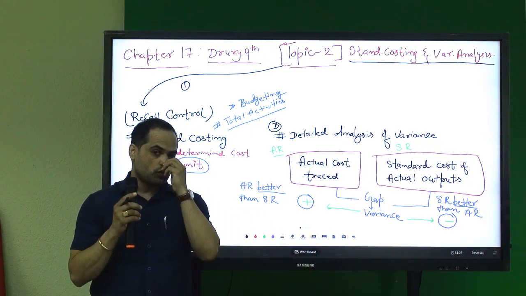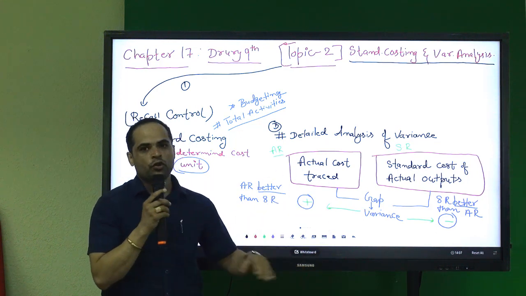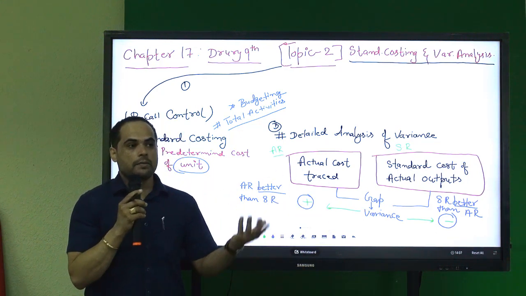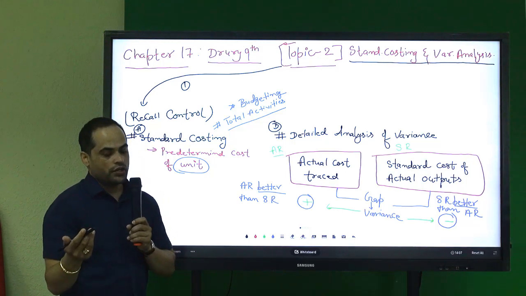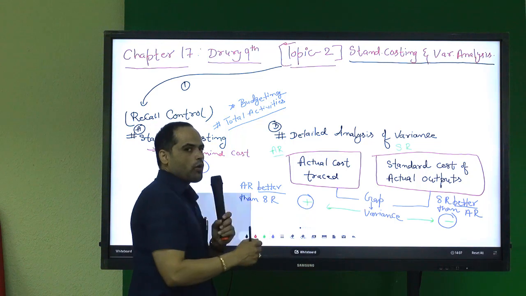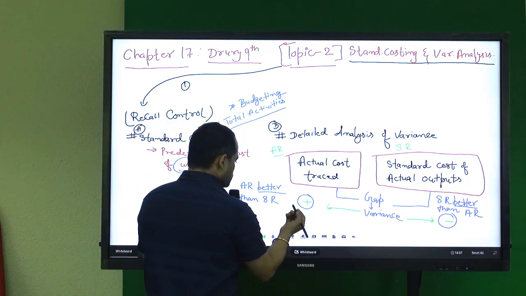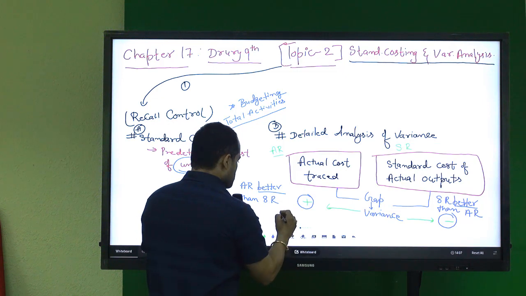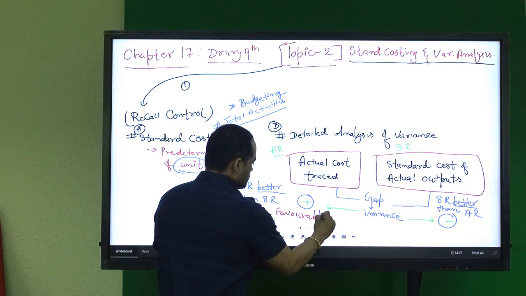I'm writing the words positive and negative here for you to understand, but in reality we use other words. For positive variance, we say favorable.